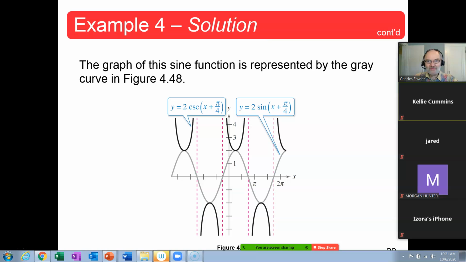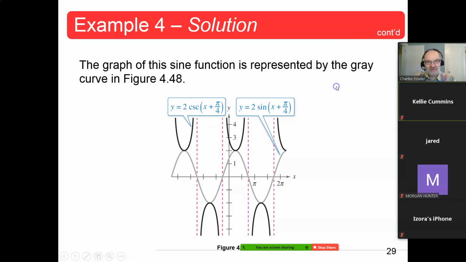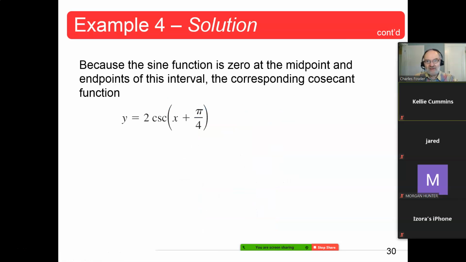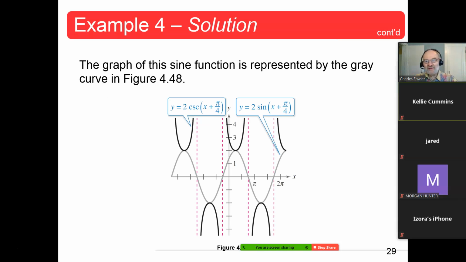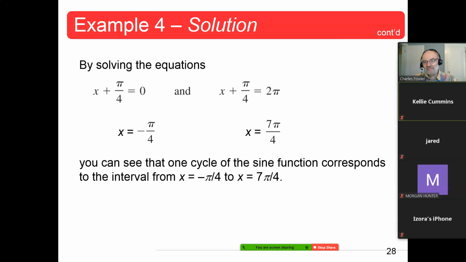All right, that was example 4. And I can't get this slide to advance. Because the sine function is 0 at the midpoint and endpoints of this interval, the corresponding cosecant function has vertical asymptotes there. Their interval they were talking about here is from minus pi fourths to 7/4 pi.